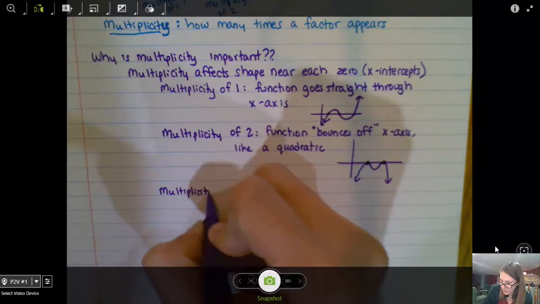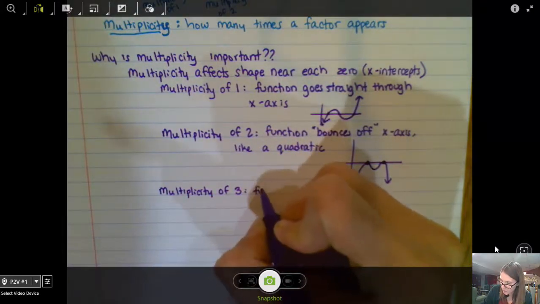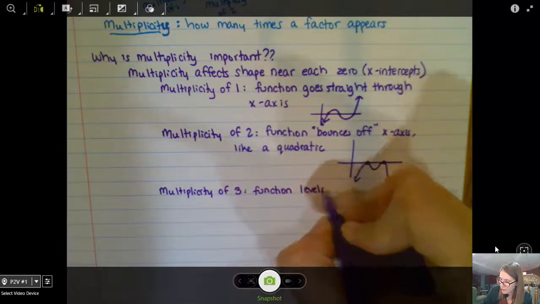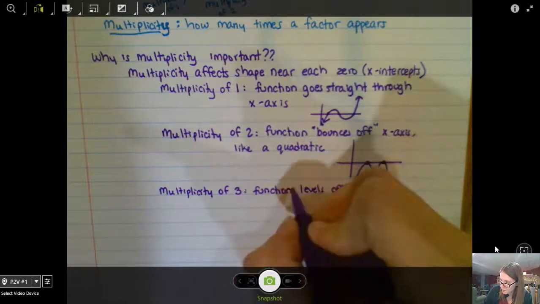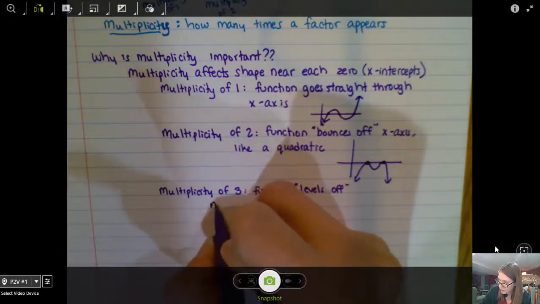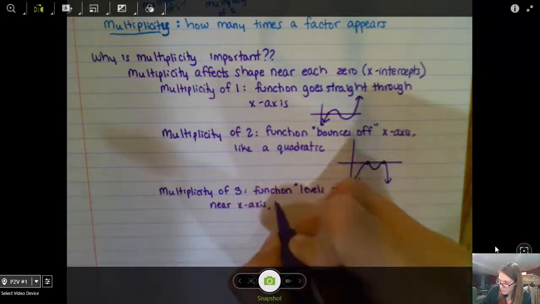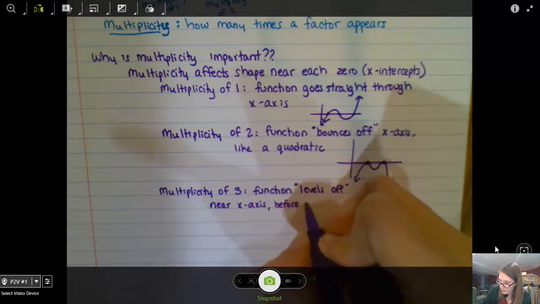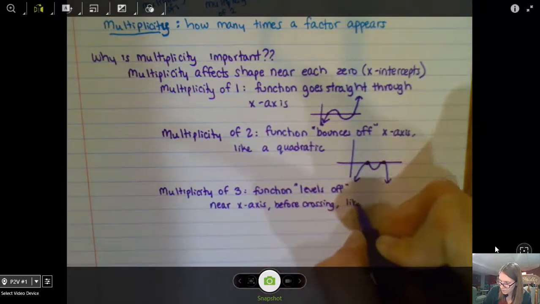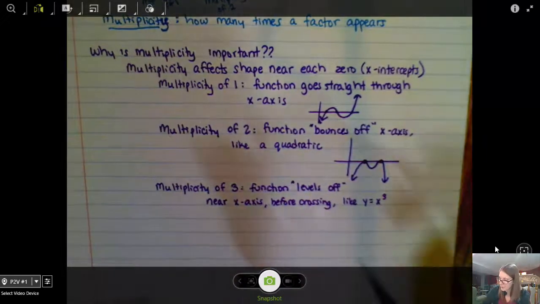And if we have a multiplicity of 3, the function levels off near the x-axis before crossing. Kind of like our function y equals x to the 3rd power.